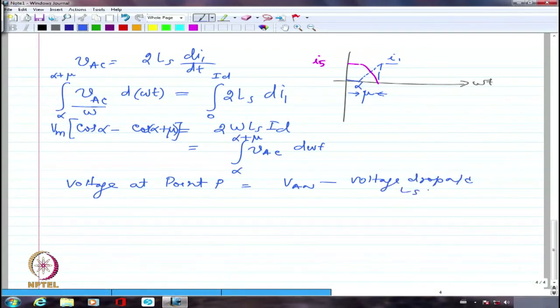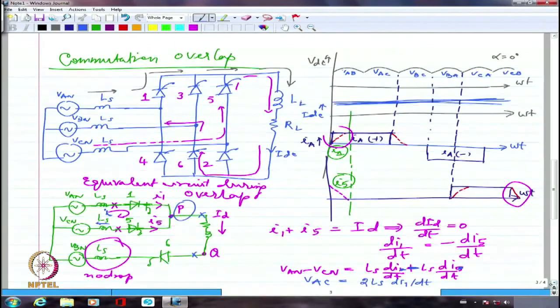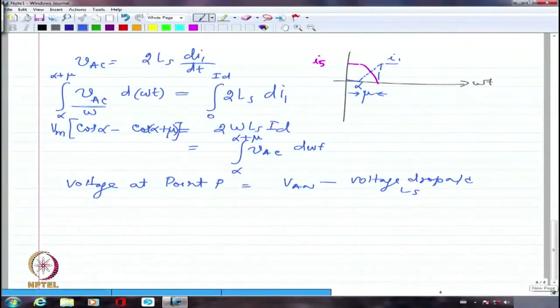You understand which is point P? I am talking about point P as the point here. This is point P, and this I am calling point Q. So I am talking about the voltage of point P, which is at the top of the DC link. That is VAN minus whatever is the drop in this inductance. So this is VAN minus Ls into dI1 by dt.